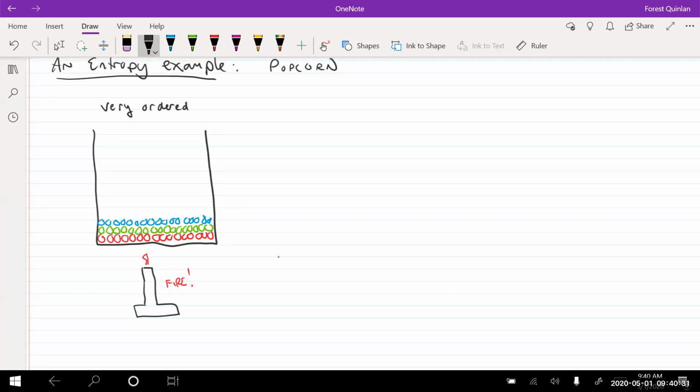I guess I should note that this is all popcorn. What's going to happen when I do this? Does anyone cook this stuff anymore? Alexia, you're here. So the popcorn's going to heat up and then pop, and then as it pops, it'll be sort of thrown up, mixing the whole system up. That is correct.